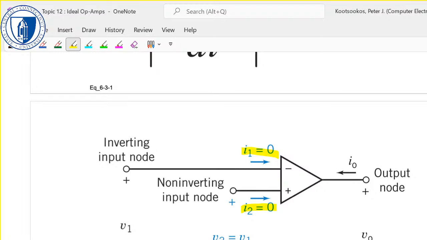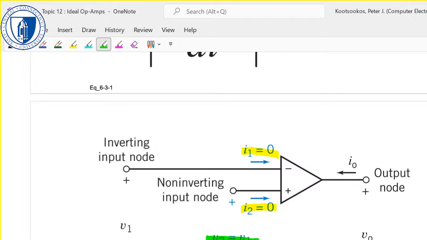The other thing that doesn't seem to make sense is this one here. The input voltage on the inverting node is always equal to the voltage on the non-inverting input node. And that doesn't make a lot of sense, right?